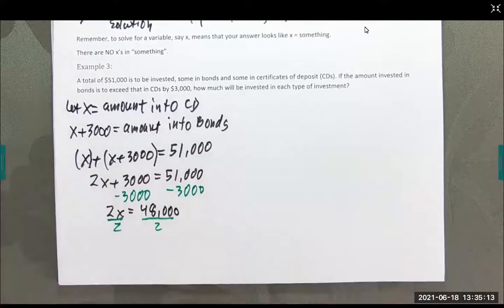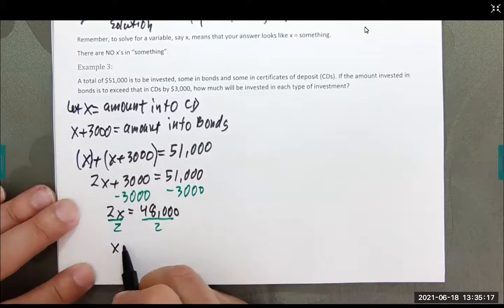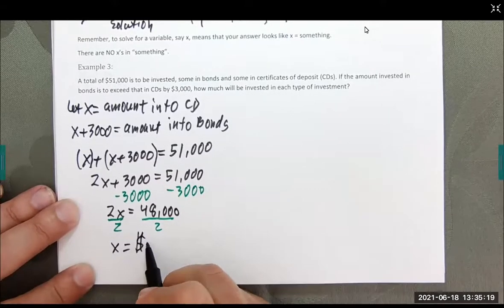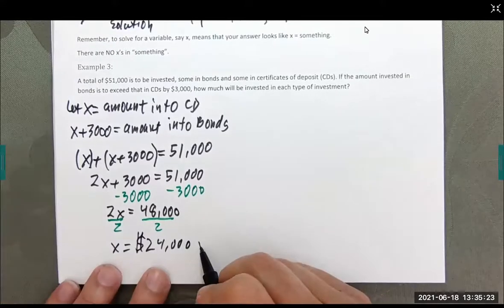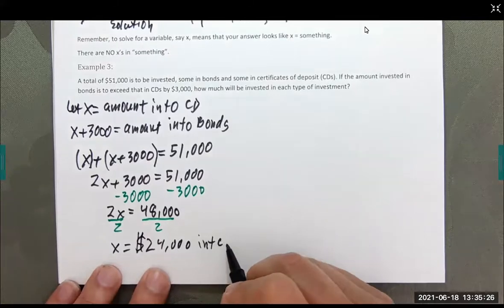And you could use the calculator, but I know half of 48 is 24. So this would be 24,000. This is into CDs.